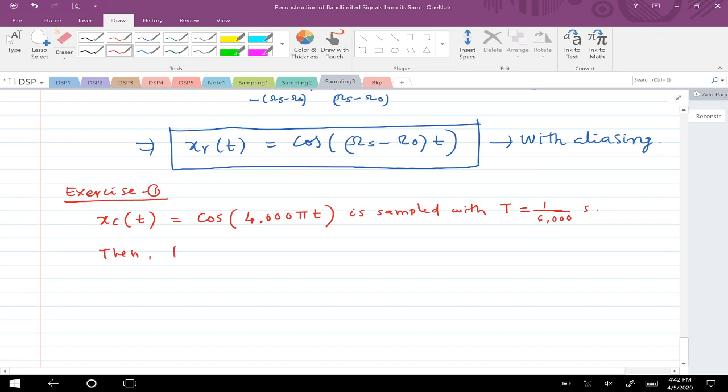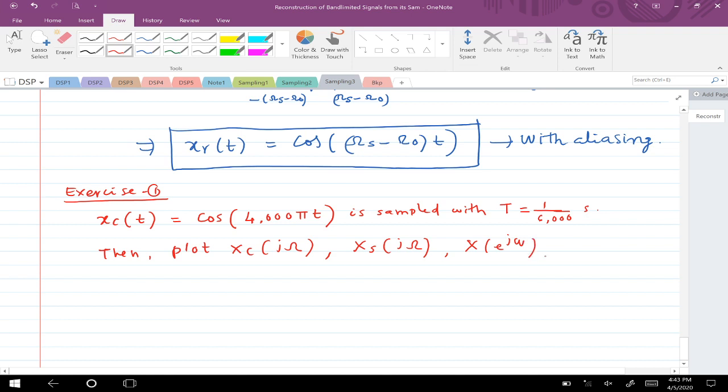With that, you plot Xc of j omega, the Fourier transform of it after multiplying it with an impulse train, and then the CTFT of it. And you get a discrete version of it, so you can also plot X of e power j omega.